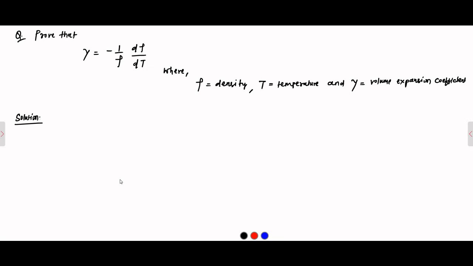Okay, so here first, the density rho is equal to mass by volume. That we all know, mass per unit volume. So we can write it as m V to the power minus 1, this way.